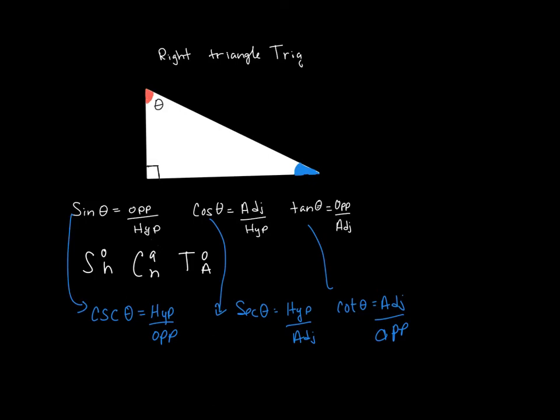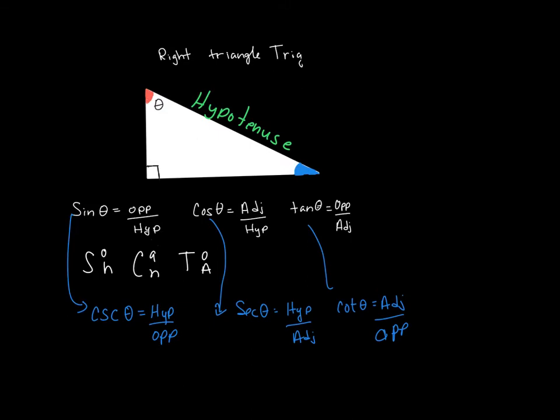Now, the only part of this triangle that will always stay the same name is the part that is across from the right angle. So going directly across from the right angle is always your hypotenuse. So which side is the opposite side and which side is the adjacent? And that has everything to do with the angle that you're talking about.